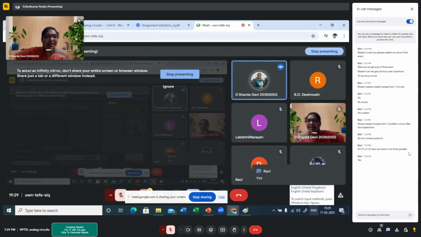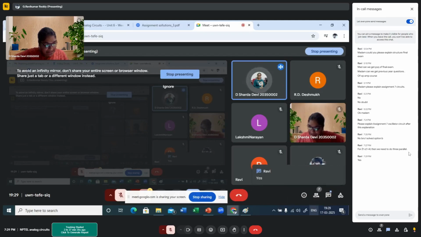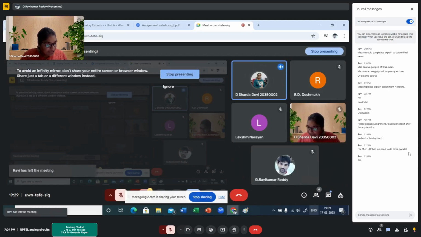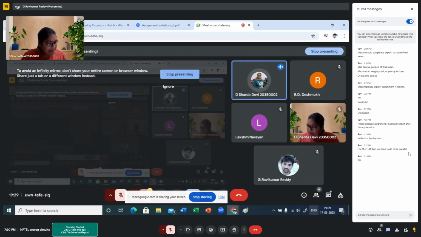So Ravi's concern in the solution is, we already know that through Miller capacitance, it should have 1 minus 1 by A as the factor into C. Since the gain is negative, it will become 1 plus 1 by A, that is 100 plus 1 by 100. So it is 101 by 100 times C, right? How can the value become 100 upon 101? That is his concern.